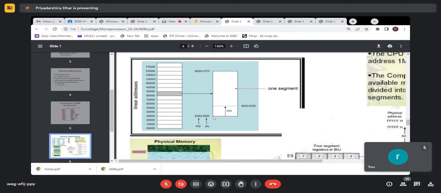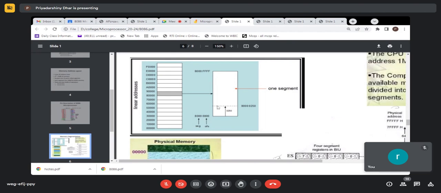In the 8085 microprocessor, each 64 kilobyte has addresses from 0000 to FFFF. Now this 0000 is called the offset address of this segment.